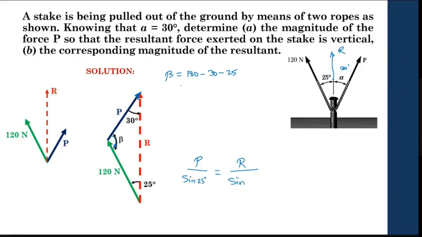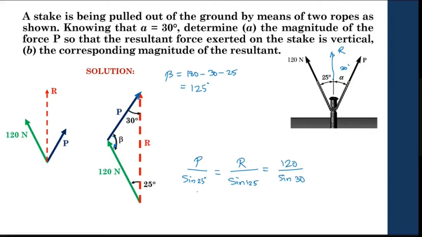What is the value of beta? 125. Yeah, so R by sine 125 is equal to 120 by sine 30. So this is my formula.